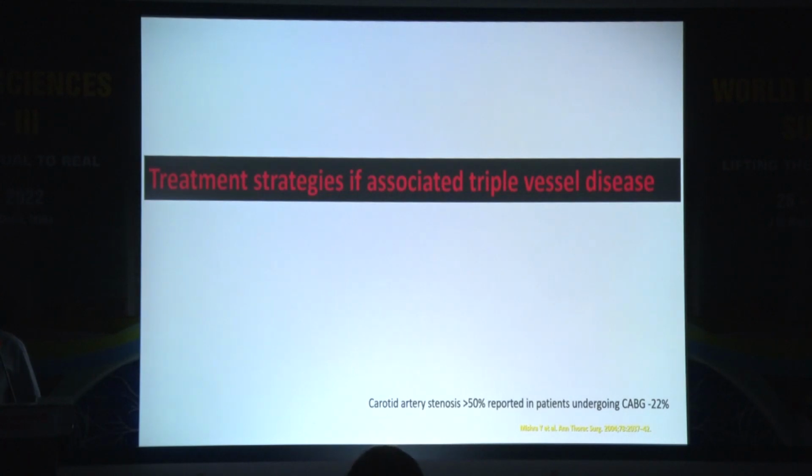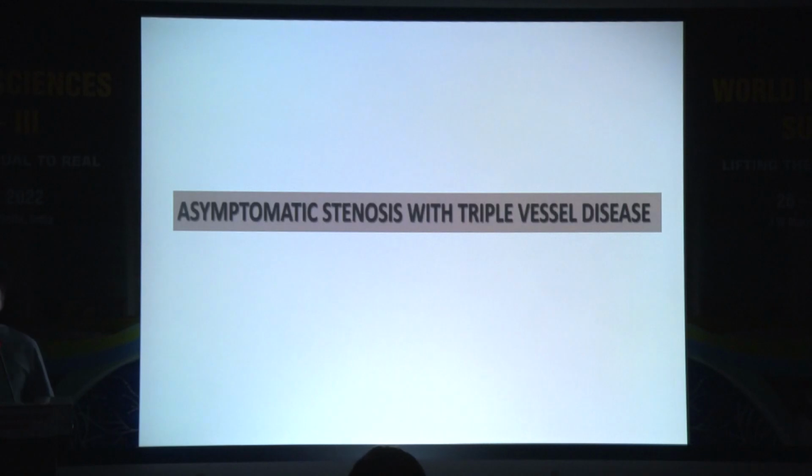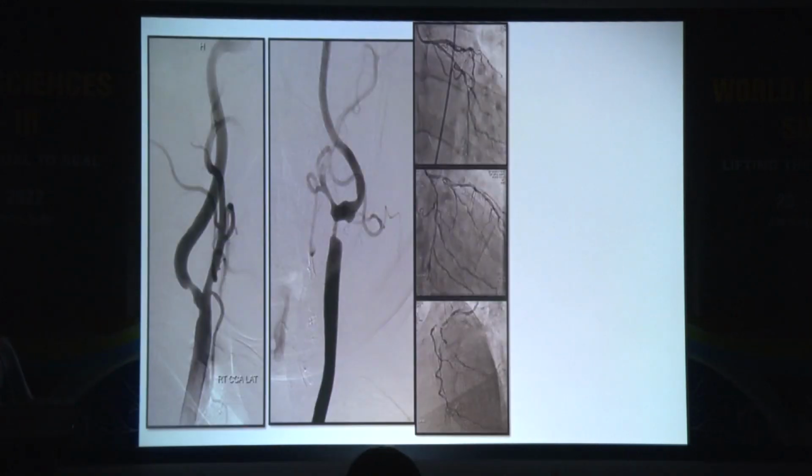So what are the treatment strategies to follow if the carotid artery stenosis is associated with triple vessel disease? In cases of asymptomatic stenosis with triple vessel disease, we always prefer to send these patients for CABG and CEA.